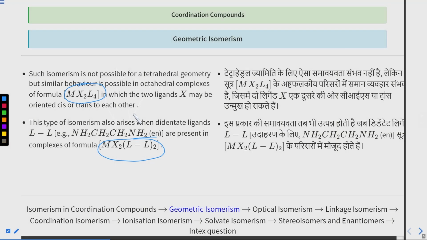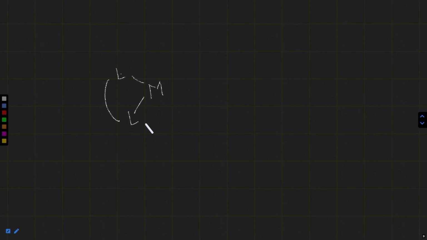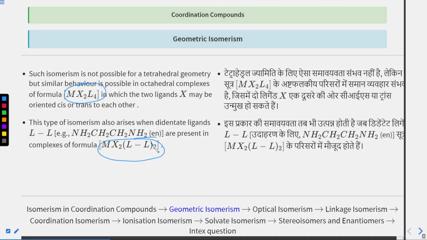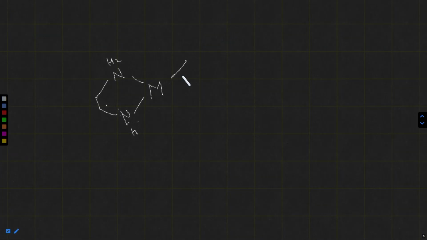We can take the example of this one, NH2, CH2, CH2, NH2. Okay, so one will be this. So there are two such ligands, LL of two count, right? So we'll take two.